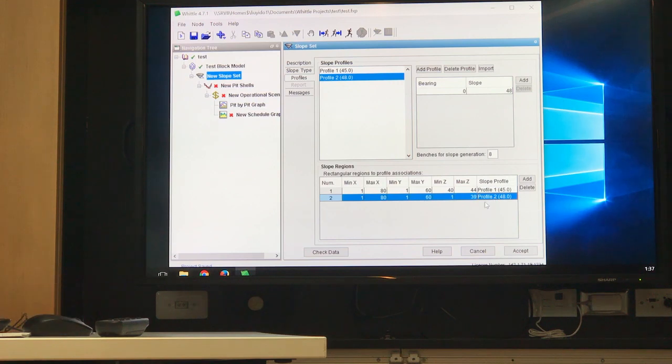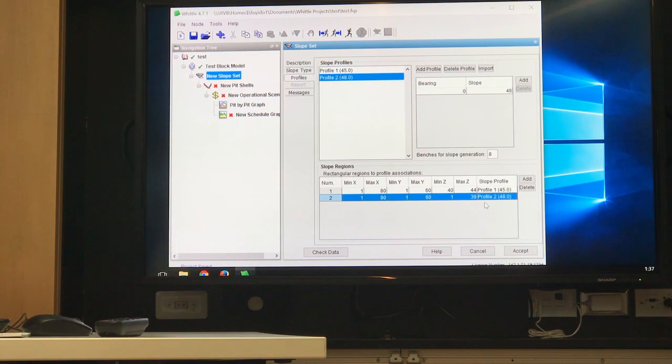I can actually change the profile also based on the azimuth of the slope, because we know that different areas of the pit might have a different slope angle, depending on the orientation of the discontinuities, if they are favorable or unfavorable with respect to the slope angle, right?